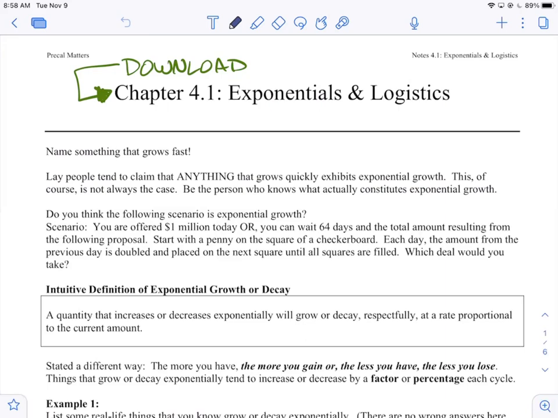Rapidly. There you go. That's the word I'm looking for. Quickly, rapidly. When things grow rapidly, quickly, the lay people out there who are not the math initiates like y'all will soon be, they use the word exponentially as just an English synonym for the word rapidly.